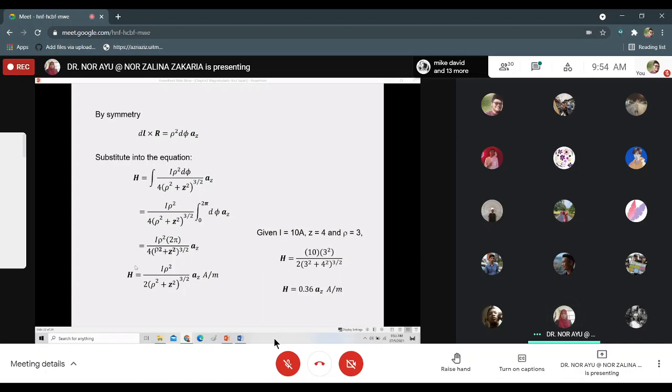Okay, and then lastly you'll get this one as your answer. All right, so if given to you that the current is 10 ampere and z equals to 4 and rho equals to 3, so kamu just masukkan the value and you will get the final value of h is this one.